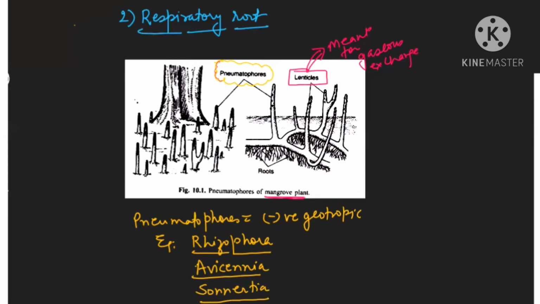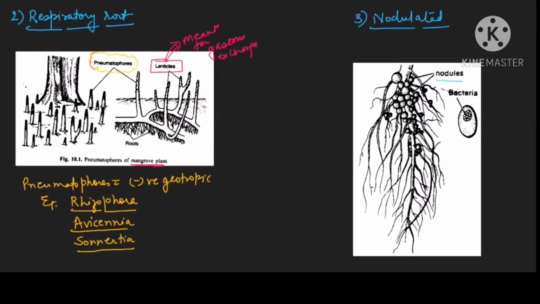Next modification is your nodulated roots. Okay, so these are your nodulated roots. Nodulated roots means they have the development of root nodules, and this root nodule development is because of the bacteria. Bacteria is doing it, and bacteria is doing it for nitrogen fixation.